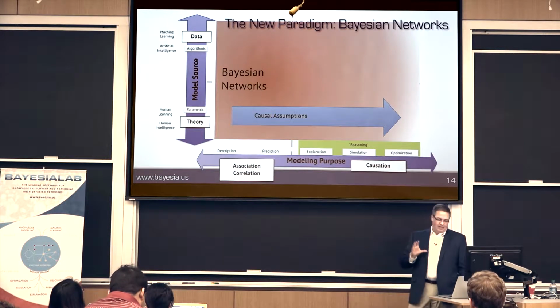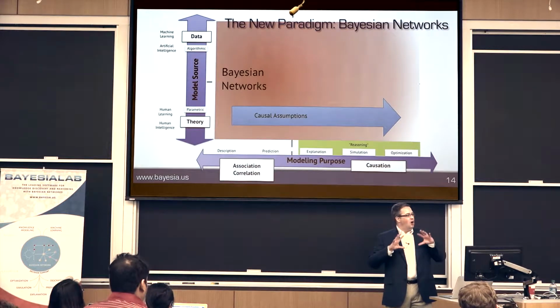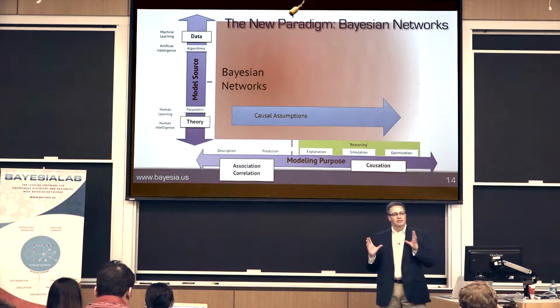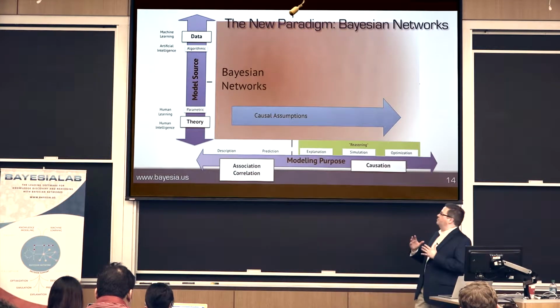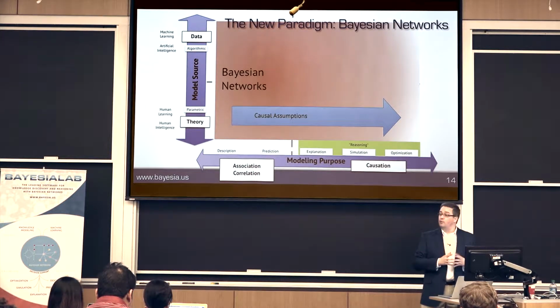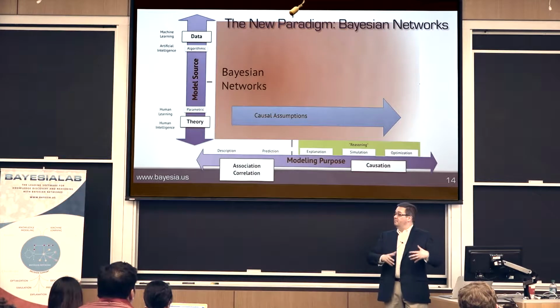because Bayesian networks are really quite a remarkable modeling approach that can very nicely cover all these quadrants. So let me start here on the left-hand side. First of all, we can build Bayesian networks both from theory. So if we have subject matter expertise on a particular domain, we can use that.